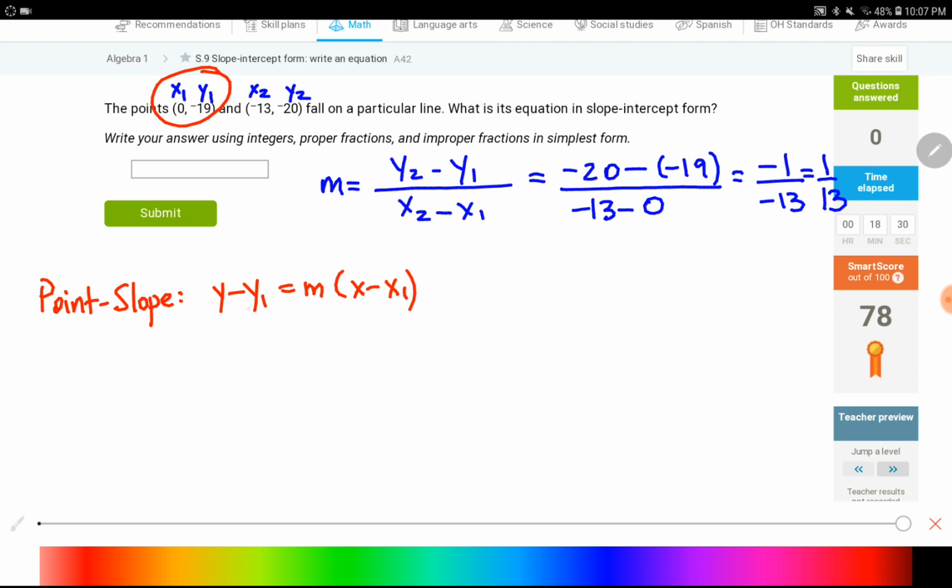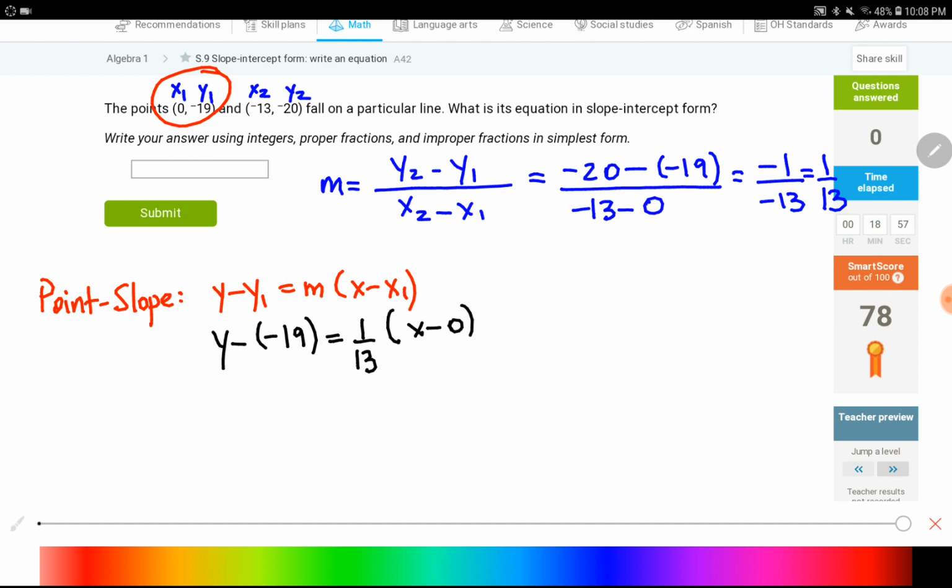Okay, so bring down the y, and then minus comes out of the formula, and then y1 over here. As you see, y1 is negative 19, so let's just put it up here. Bring down the equal, and the m value we figured out as 1 over 13, parentheses, x minus x1. We labeled the 0 as x1.